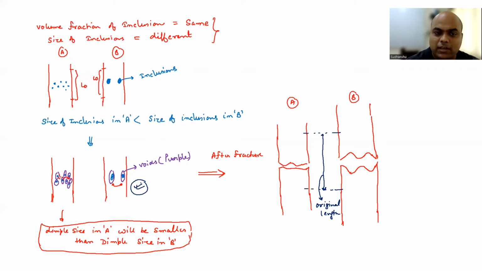You see the schematic on the left side and it will be very clear, right? In A, the number of voids is larger, the distance between the voids is also smaller, so void link up or coalescence becomes easier.